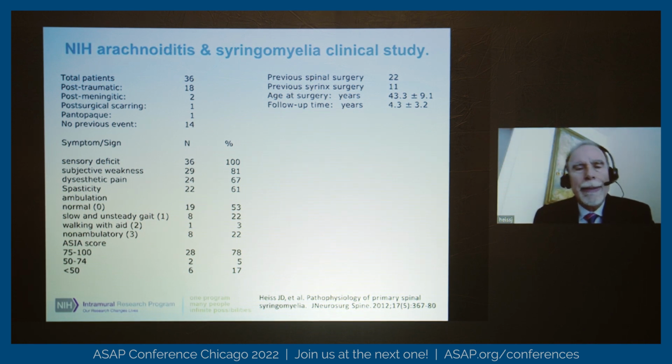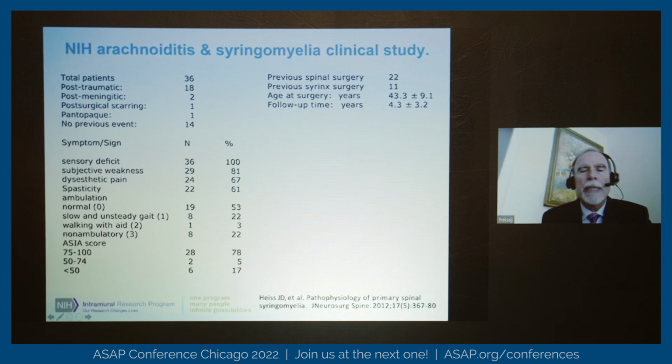We wanted to learn more about arachnoiditis and syringomyelia, so we performed a study at the NIH, and half the patients had post-traumatic syringomyelia. Two had meningitis, one had a Pantopaque myelogram, which is a chemical, but 14 people didn't have any previous surgery. They all had the expected problems you would have, like loss of sensation, weakness, pain, spasticity, and then the ambulation.